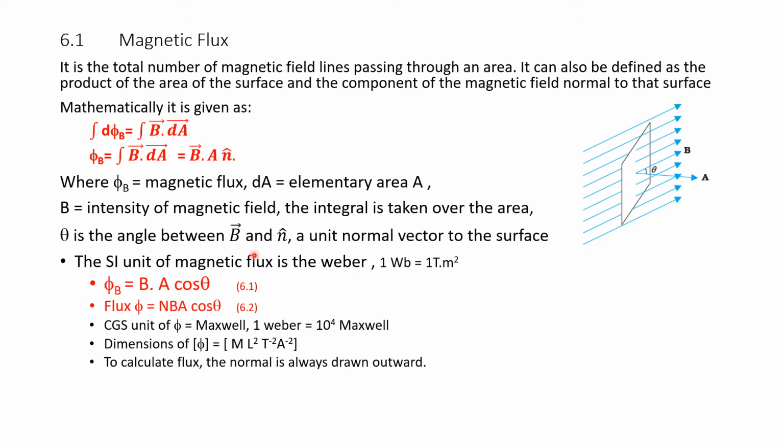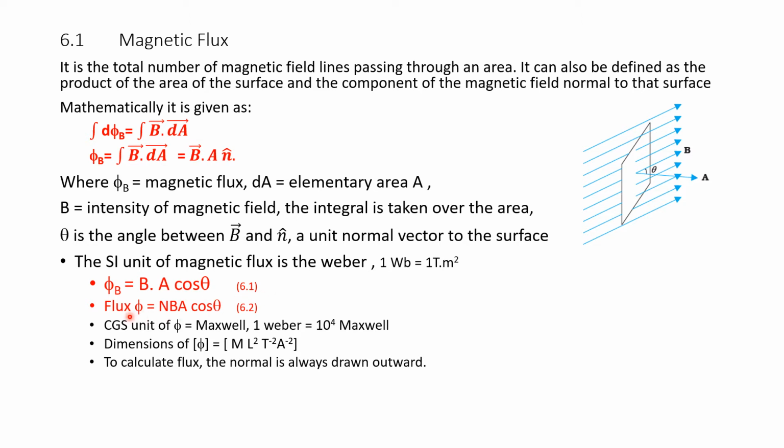Therefore, we can also write phi B as the integral of B dot dA, that is nothing but the dot product, BA cos theta. Let it be equation 6.1.